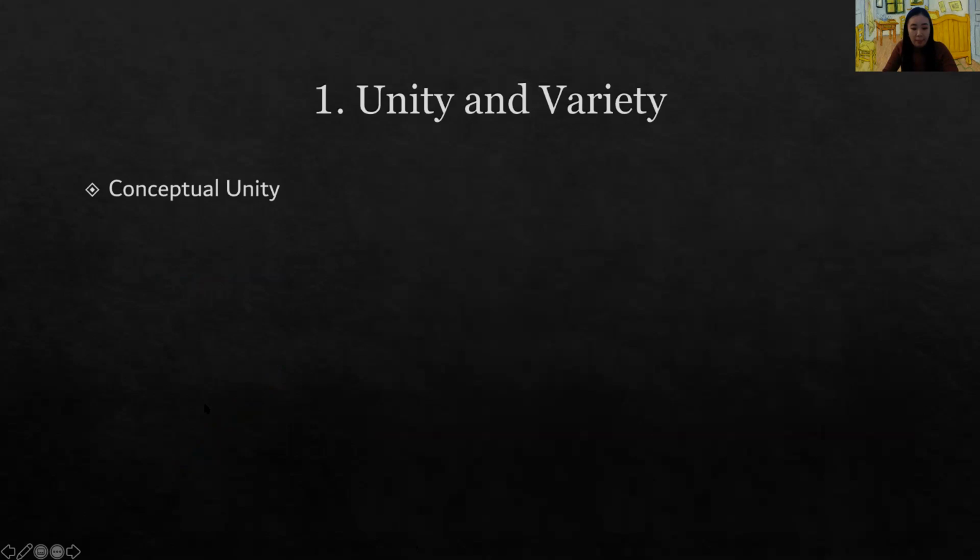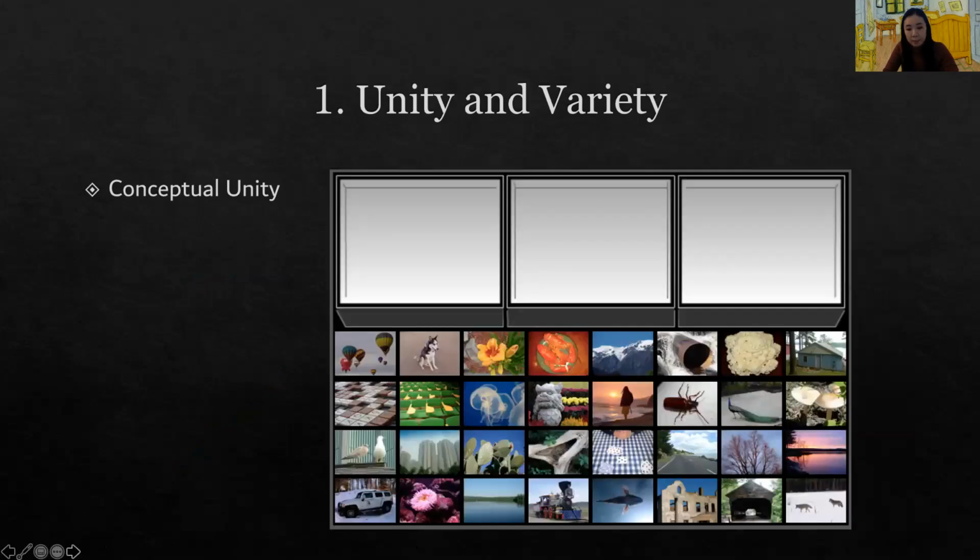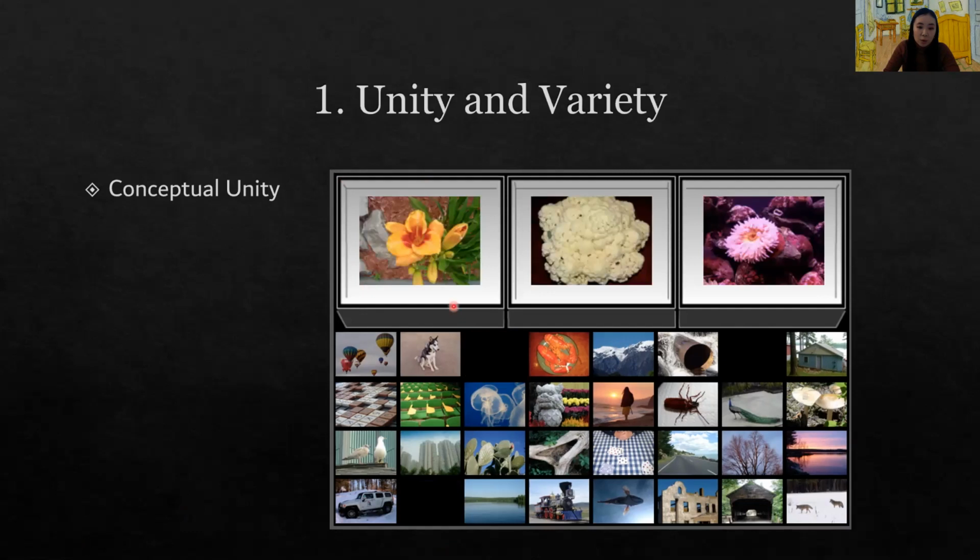So now let's see conceptual unity. For example, there are diverse images like this, and I set the conceptual idea as full bloom. So I picked three images: flowers in full bloom, cauliflowers in full bloom, and sea anemones in full bloom.